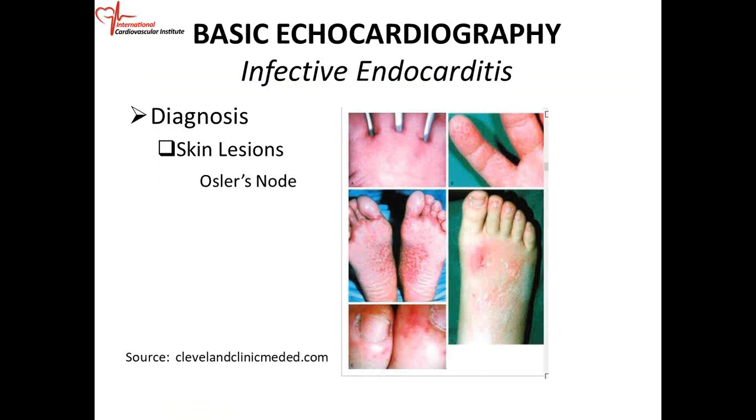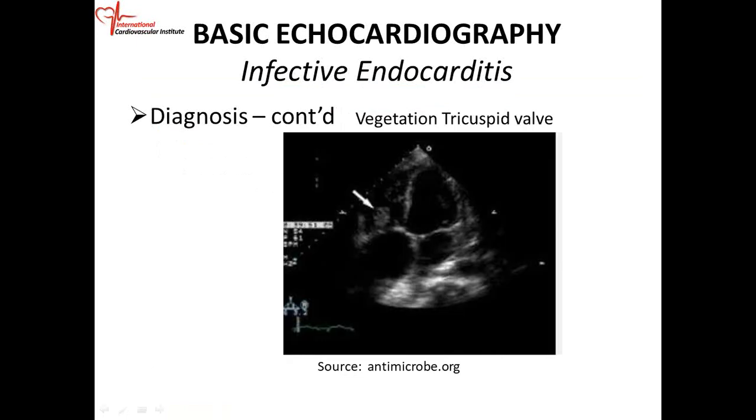So the skin lesions now, we're talking about the Osler node, which are immunological features. So the Osler's nodes. Okay. So this is a vegetation on the tricuspid valve, and vegetations can be large. However, when you see very large vegetation, a lot of time it's fungal, okay?